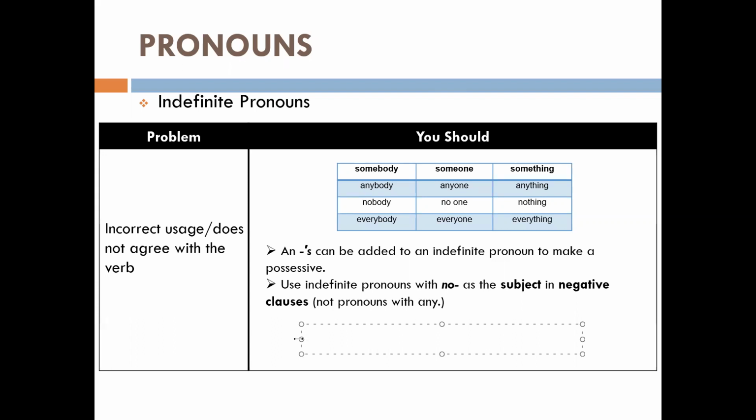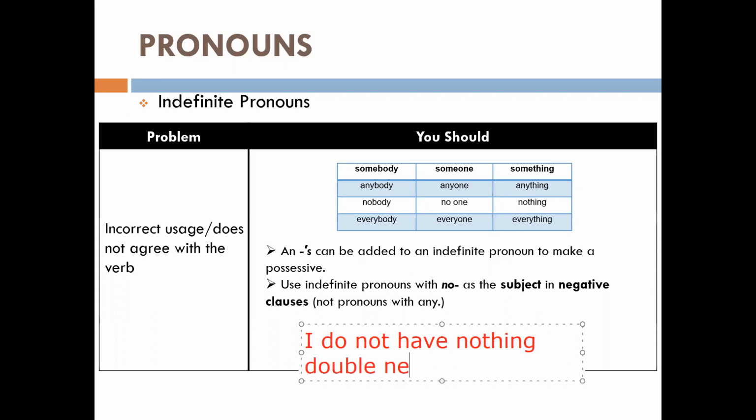But nakikita natin madalas to yung I do not have nothing. Yan. May do not na, may nothing pa. Ang tawag sa case na to ay double negative. Okay, so pag sinabing double negative, yan po ay isang liability sa grammar in terms of adjective use.